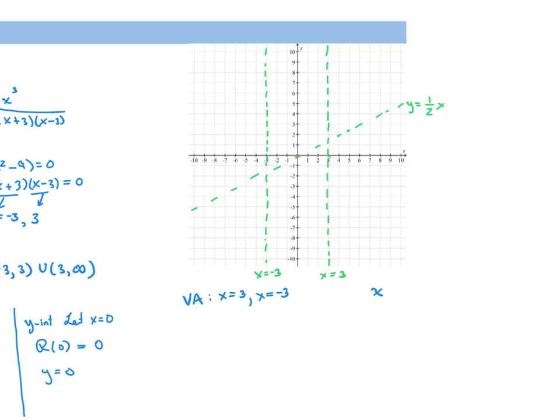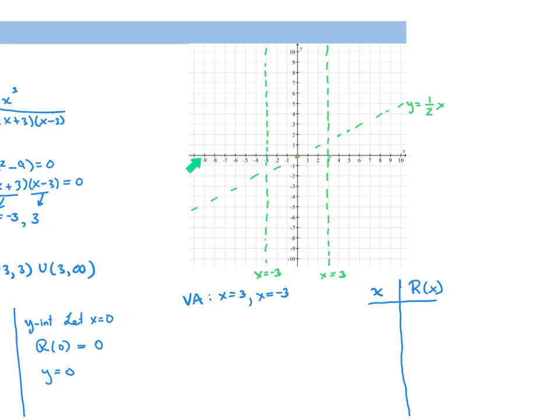So we have x and r of x. So we need to choose x values that are between or beyond vertical asymptotes. We don't have any holes, and then any x-intercepts. So vertical asymptote is at -3.